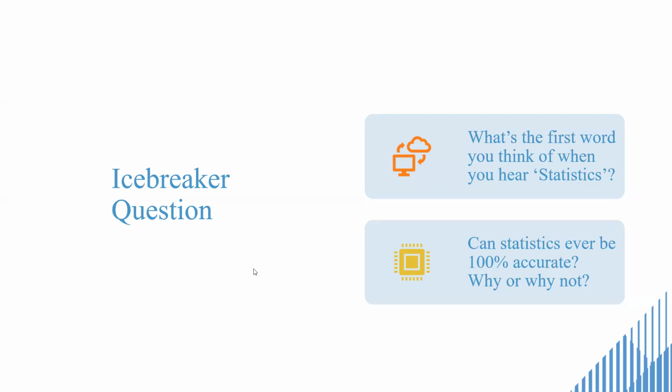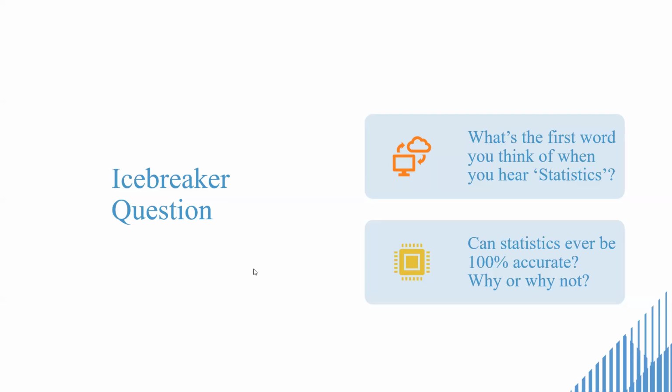Yes, Mahjuba. Okay, thank you, teacher, for giving this opportunity. When I first heard about statistics, I understood that statistics is a branch of mathematics. Most of the time, it deals with data collection, data analysis, and organizing the data. It can also help us make better decisions. But for the second question, can statistics ever be 100% accurate?